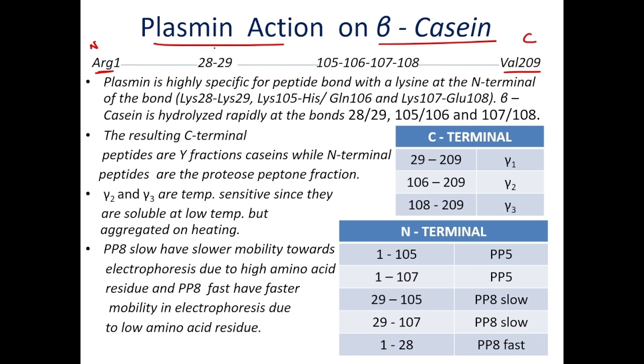Plasmin is an indigenous proteinase and is highly specific for peptide bonds with lysine at the N-terminal side of the bond. For example, in beta-casein, the specific positions at which plasmin will act are 28-29, 105-106, and 107-108. Position 28 is lysine, 105 is also lysine, and 106 can be histidine or glutamine depending on the variants. 107 is lysine and 108 is glutamic acid.